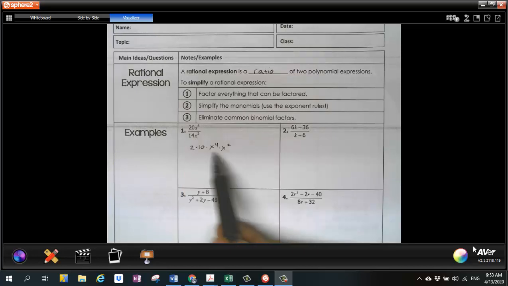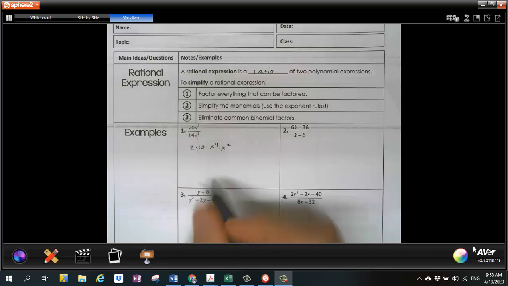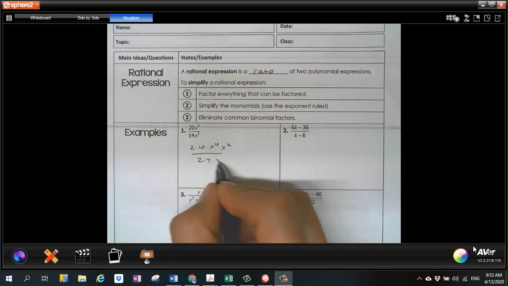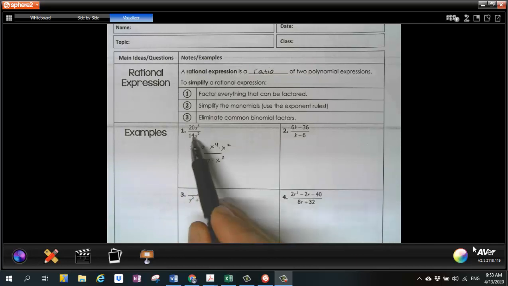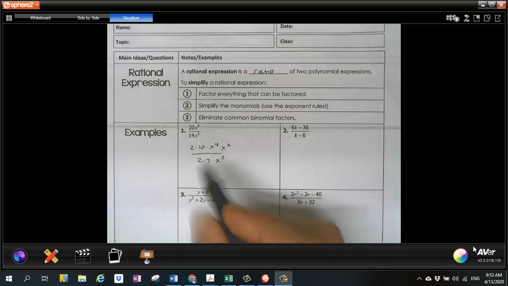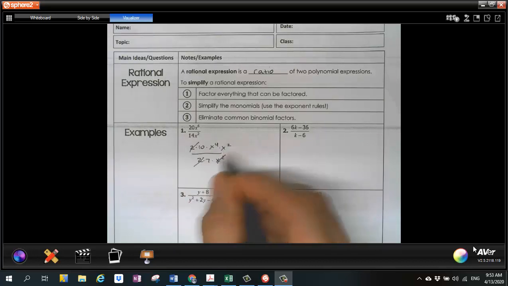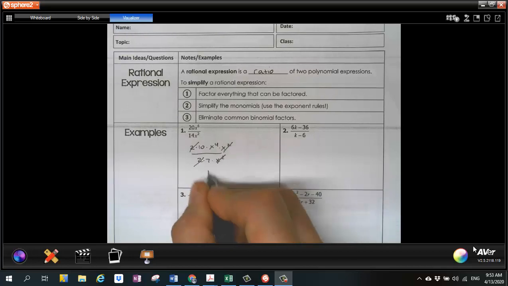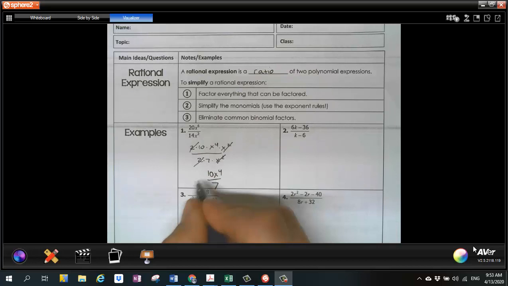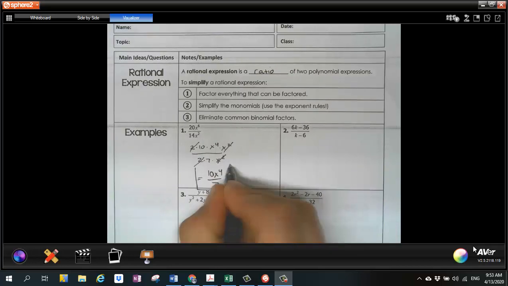When you multiply like bases, you add the exponents. And then the bottom I have 2 times 7 times x squared. So I've just factored out the 2 from the top and the bottom, and I've also factored out the x squared from the top so that they can cancel. So this 2 cancels, the x squared cancels, and I'm left with 10x to the 4th over 7 as my final answer.